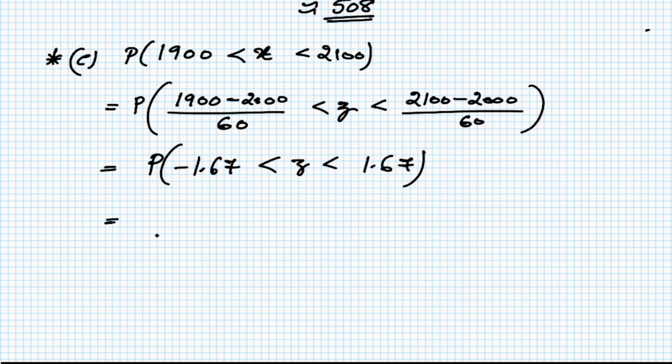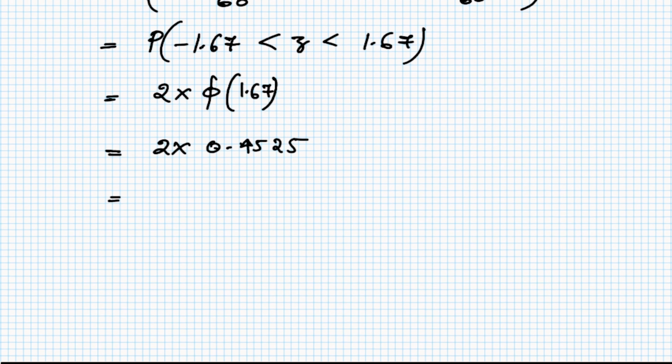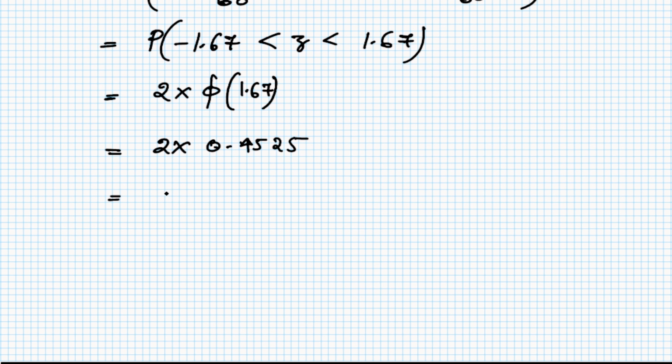You can simply write 2 times the phi value of 1.67, right? I need an equal area on both sides. So this means it is equal to, right? We can simply write 2 times. What's the phi value of 1.67? I think 0.4525.